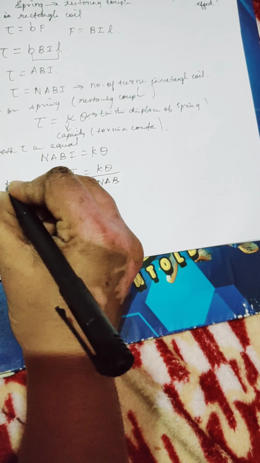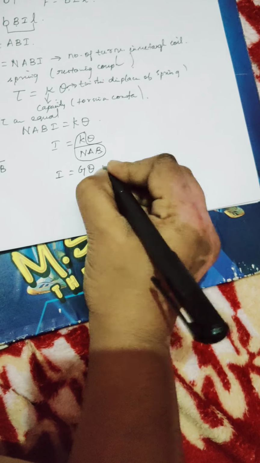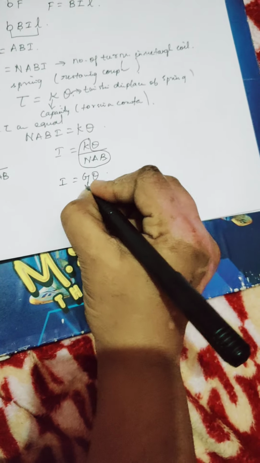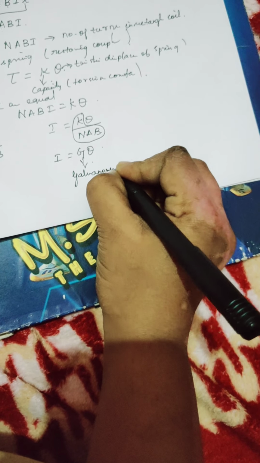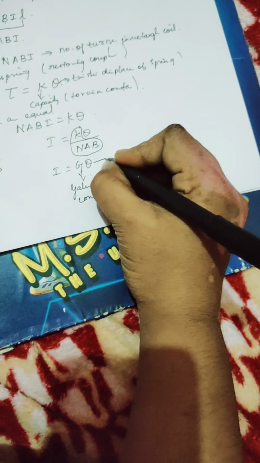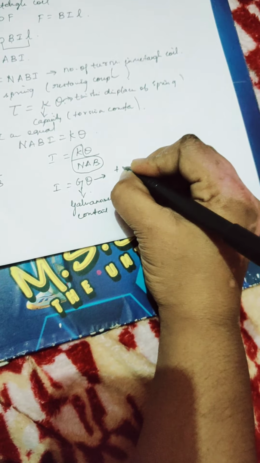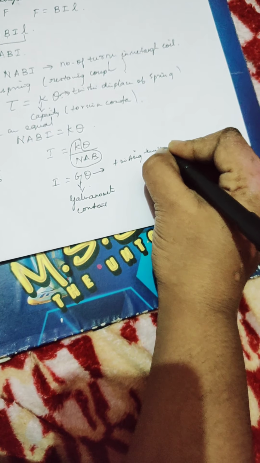I am taking the term K over NAB as G, so I is equal to G theta. Here G is nothing but the galvanometer constant, and theta is the twisting, turning effect.